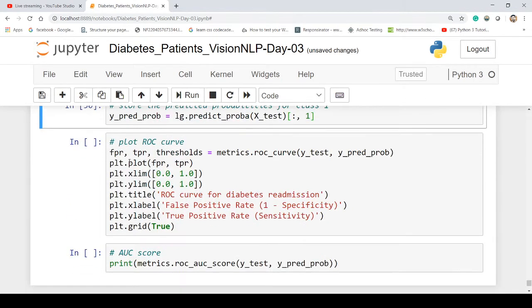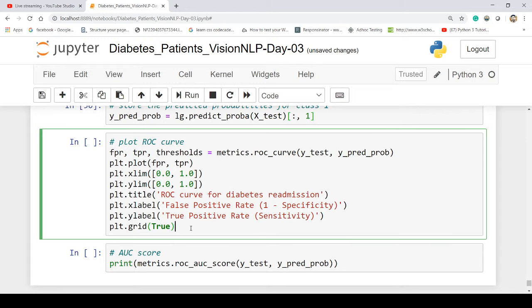The ROC curve will give you the FPR, the false positive rate, and the true positive rate, which relate to sensitivity and specificity, using metrics.roc_curve. So I will just pass all these variables here. You can label it whatever you want. ROC curve for diabetes readmission, false positive rate, true positive rate, in the form of grid search.